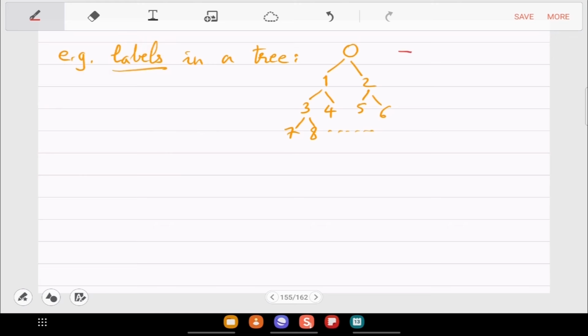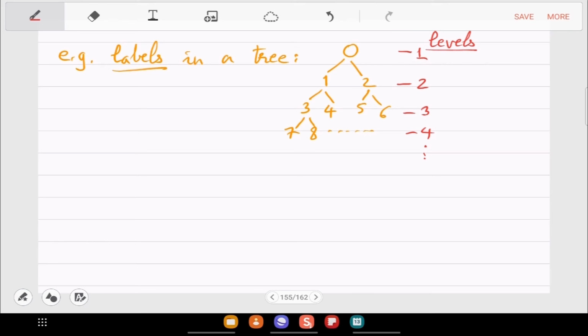So these are the levels. So this is level 1, then level 2, level 3, level 4, and so on. Okay, and these numbers are not the keys, but these are the labels, which is if this tree was stored in an array, then this is where it will be stored.